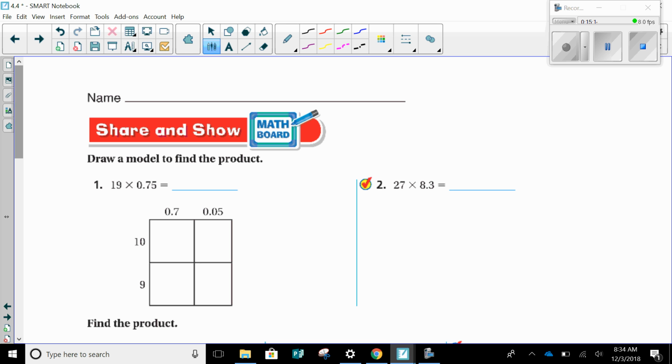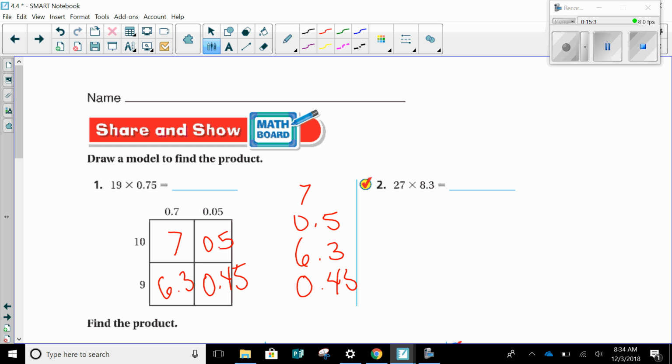Okay, so I'm going to just fill in the answers here so that you can double check your work. So you're going to add all these together. So that is 5.